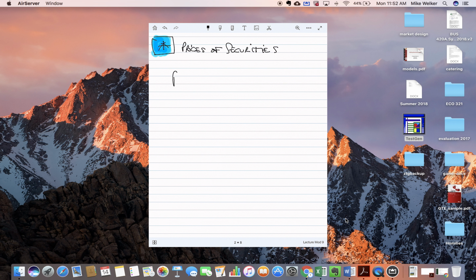The price in time period 0 would be the sum of cash flows. Now these cash flows run from time period 1 to time period t, and those are discounted at 1 plus r to the t.